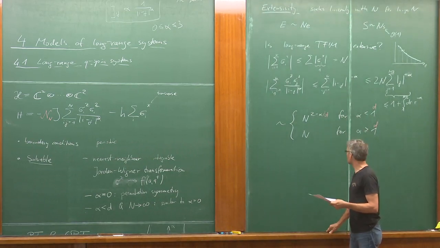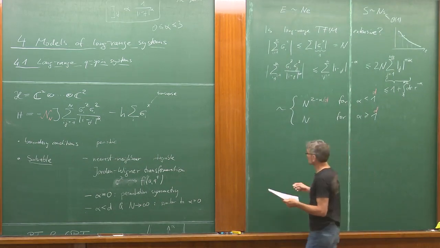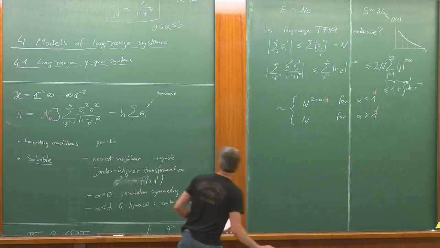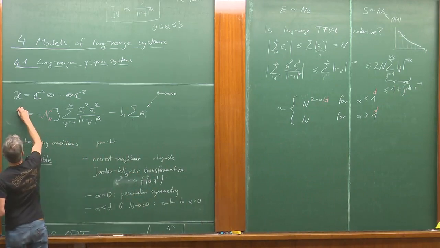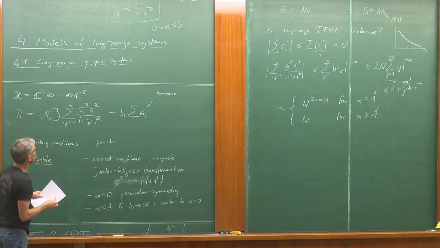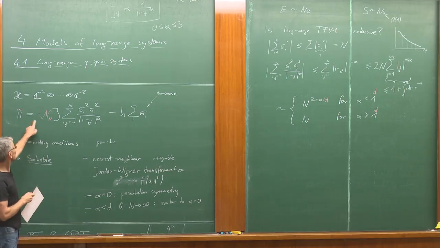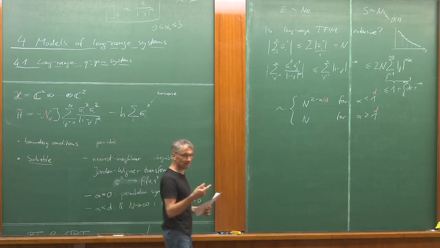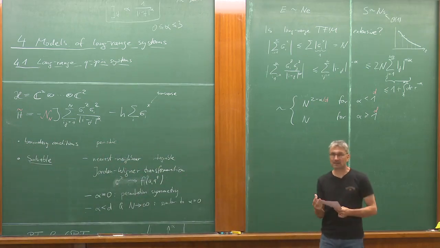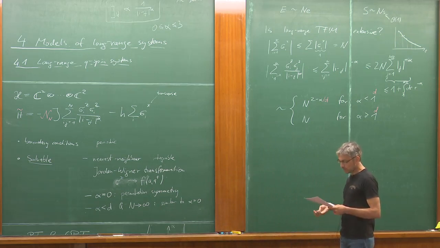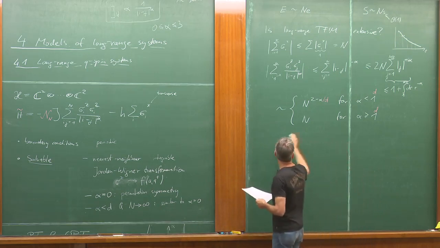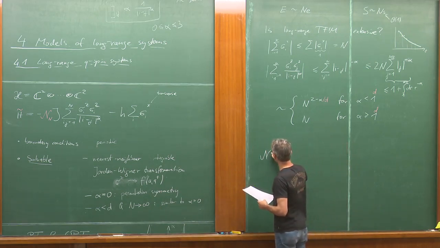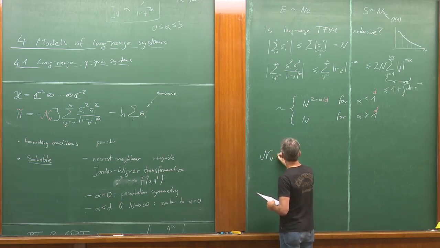So let's write down what the term would be. As a notation, I will use H tilde if I introduce that factor here, and H if I don't, so that we can distinguish the two Hamiltonians, because for explaining what is happening with this rescaling, I want to compare these two Hamiltonians. From this result, I can easily read off what the definition of this N of n must be.